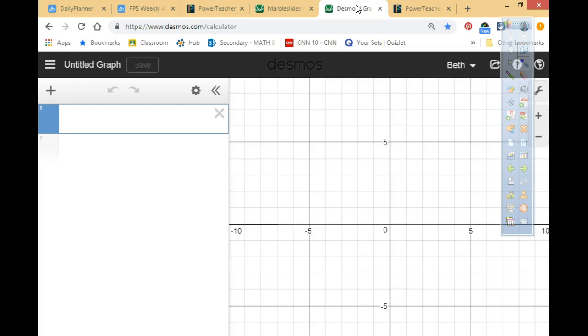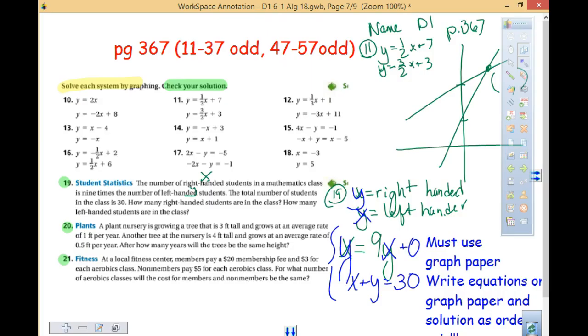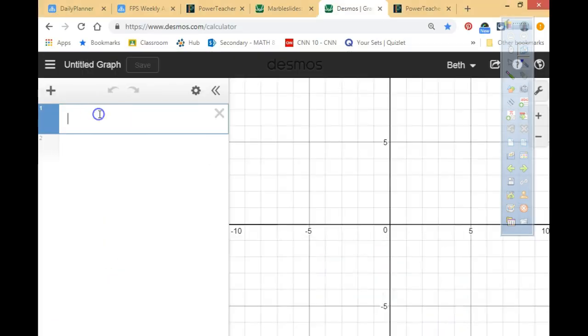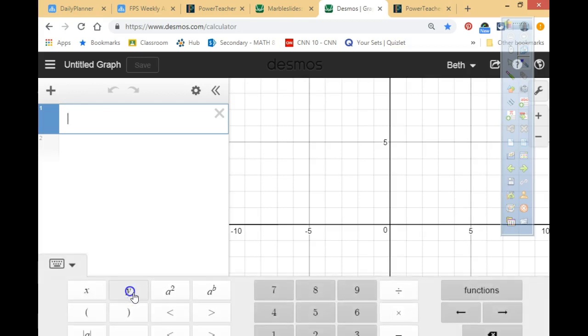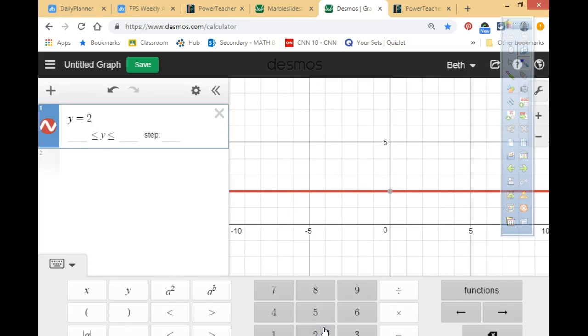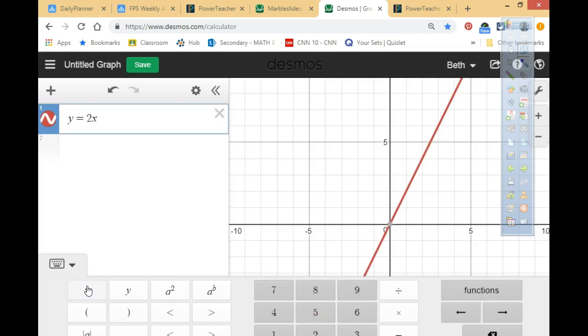So if I was looking at this current assignment and I wanted to put in y equals 2x and y equals negative 2x plus 8, we're going to put y equals 2x, one equation.